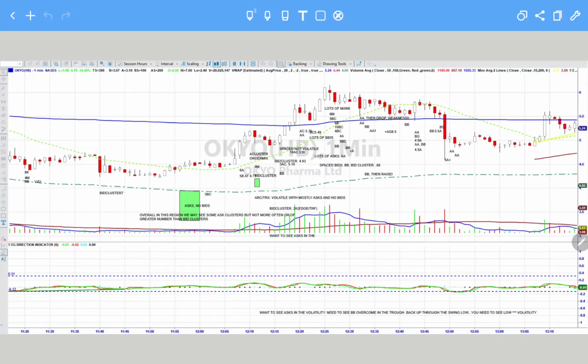Yeah, gosh, man, that sucks. I'll ask TradeStation if there's a way to replay that and keep your drawings. Let's see, I might have done it on this one. OKYO. Okay, so this is the chart I did all my analysis on, and you see here on this chart, it exists.